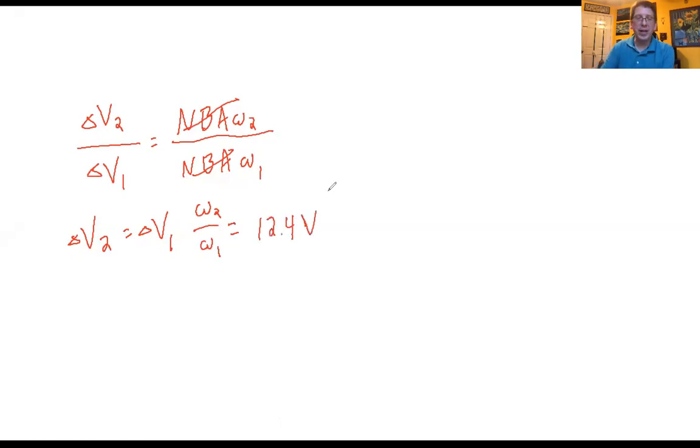The final angular speed, as you rev it up further, is 1550 RPM, divided by 875 RPM.